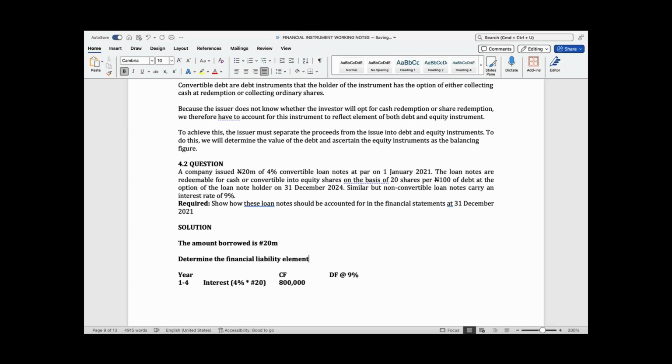We use the annuity formula, sir. Okay, the annuity factor formula, which is 1 minus (1 plus r) raised to power minus n, divided by r.